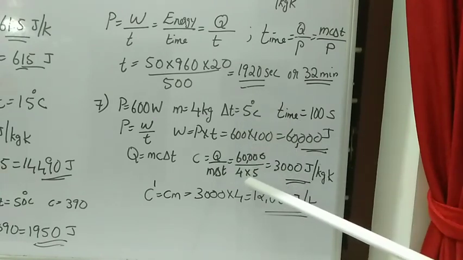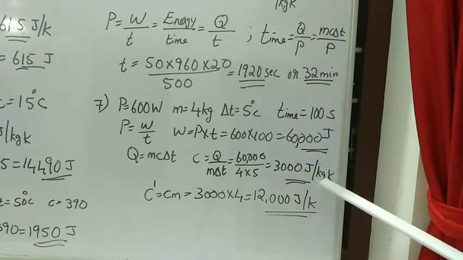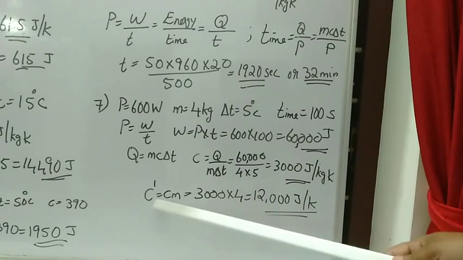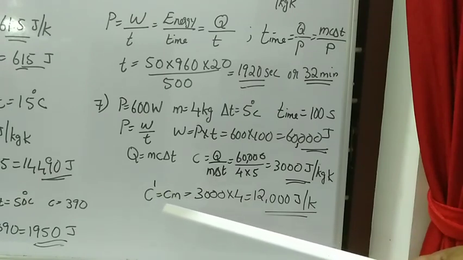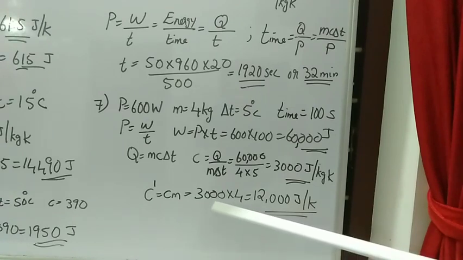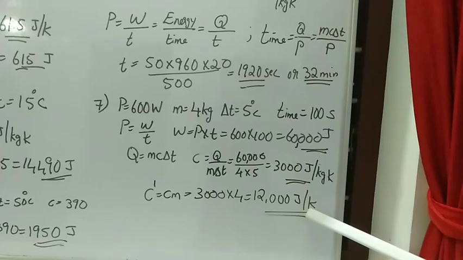So 60,000 by 4 into 5, that is 20, you will get the answer 3000 joules per kilogram Kelvin. You are asked to find heat capacity also. That is C dash, equal to specific heat capacity into mass, that is 3000 into 4. You will get the answer 12,000 joule per Kelvin.